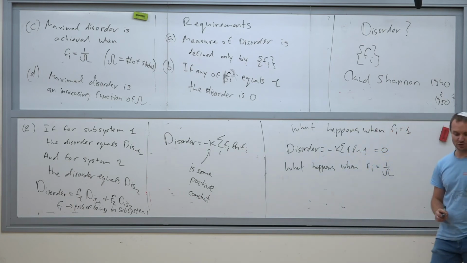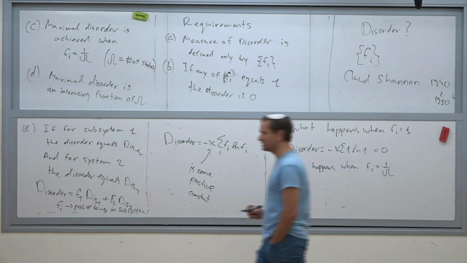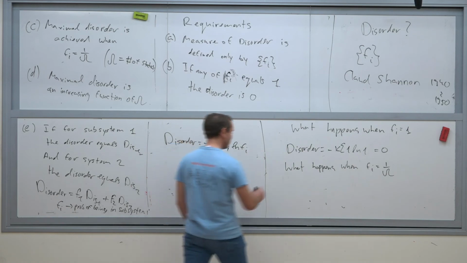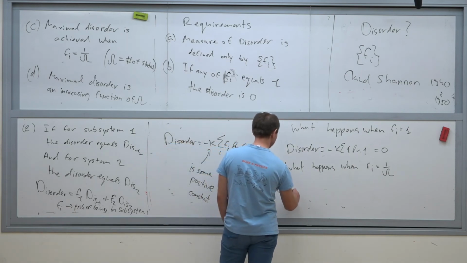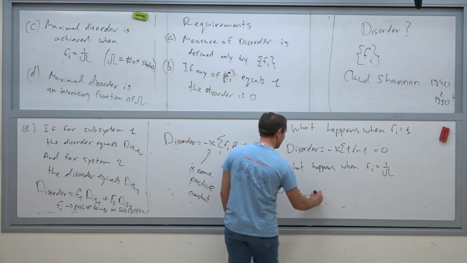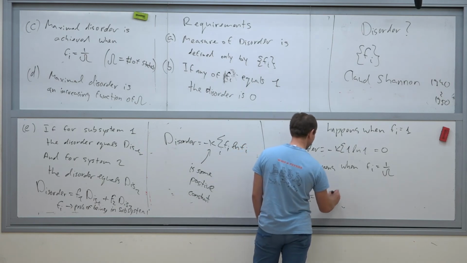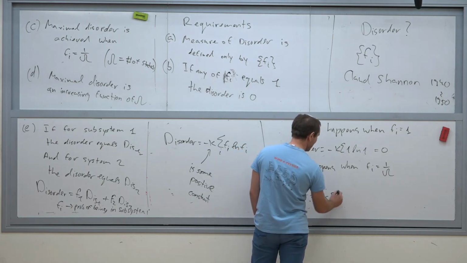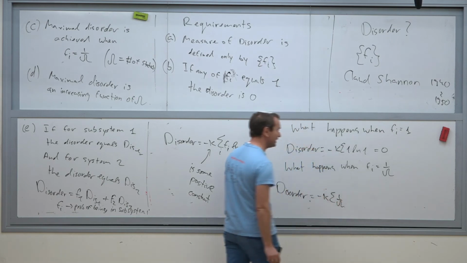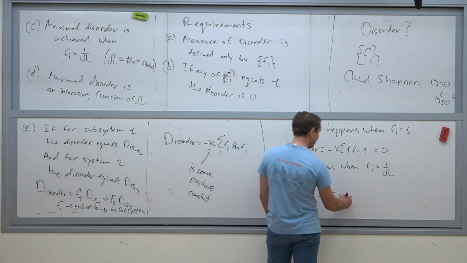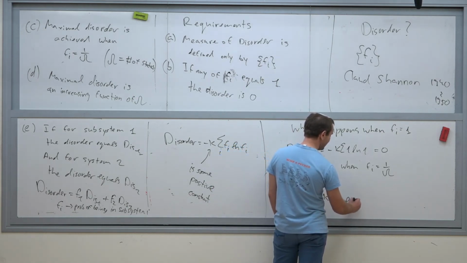The maximal disorder. What is the maximal disorder for a given system? The maximal disorder is minus k sum over 1 over omega log of 1 over omega.